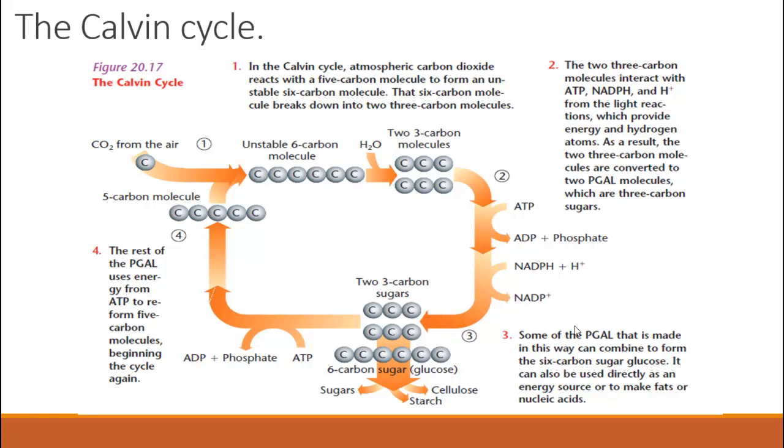So, how is the sugar formed? It's formed from carbon, hydrogen, and oxygen. So the carbon and oxygen are from the carbon dioxide from the air, and the hydrogen is from the decomposition of NADPH, which gives the H positive ion, and the H positive ion from the light reactions. This is the formation of the sugar.